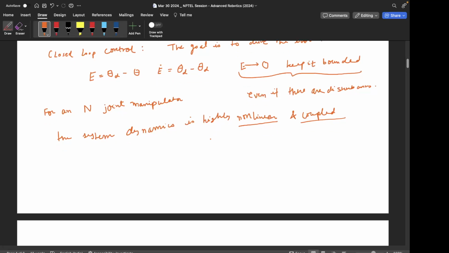And in order to simplify the design of the control law, we assume that we can achieve enough control authority by seeing each joint individually and controlling them individually.